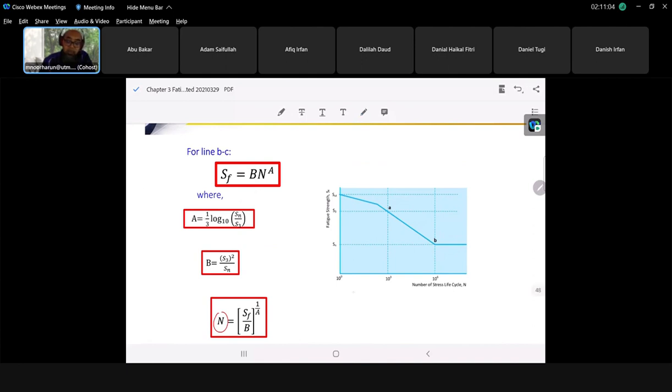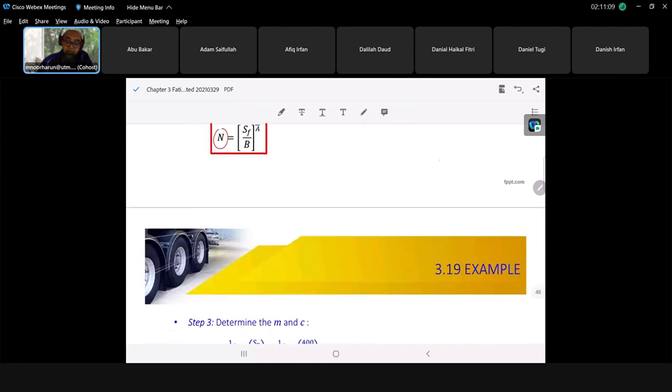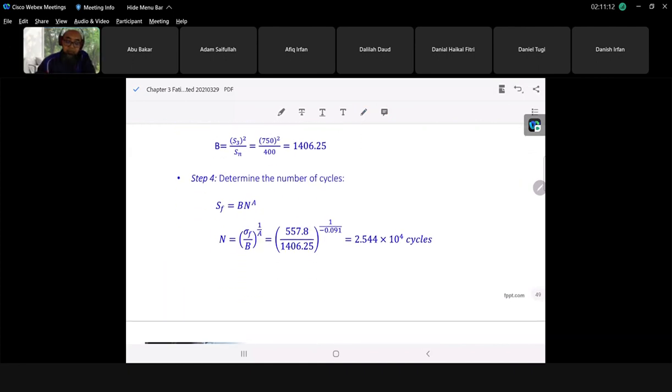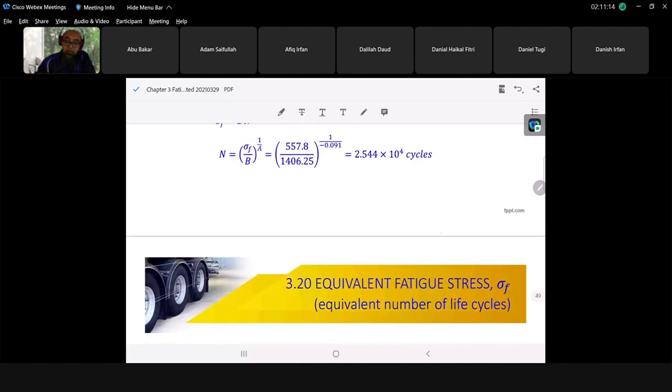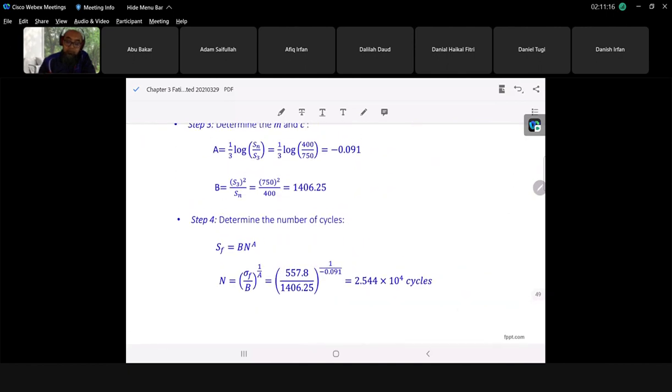Using this all the formula, then you will get numbers of a cycle is 2.544 times 10 to the power of cycles.